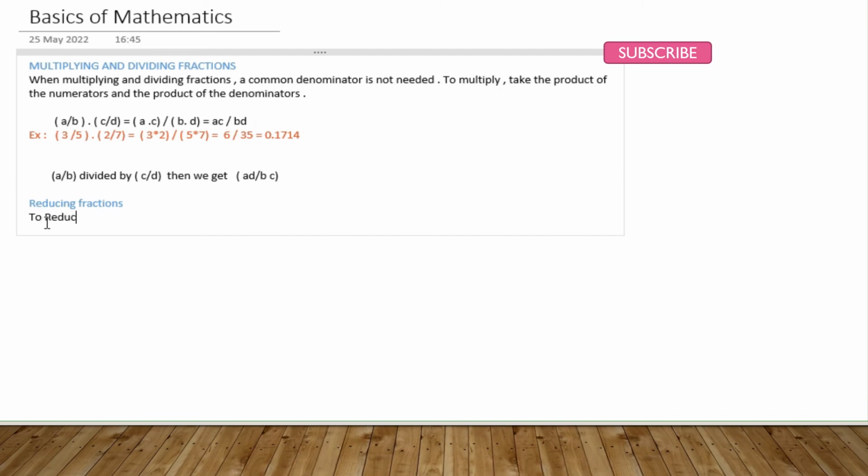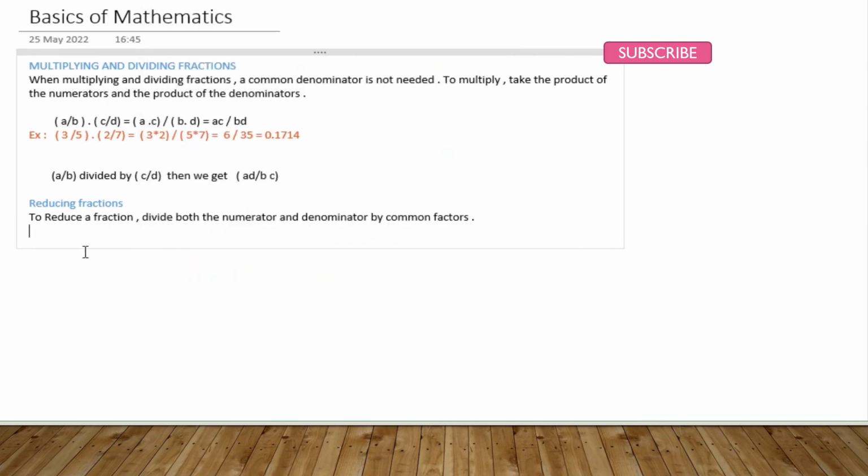To reduce a fraction, divide both the numerator and denominator by a common factor. I'm going to explain this with an example.